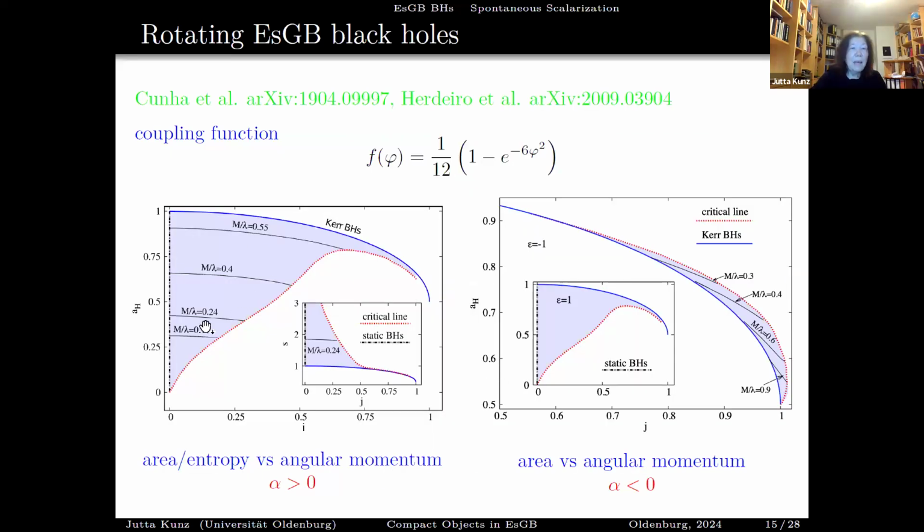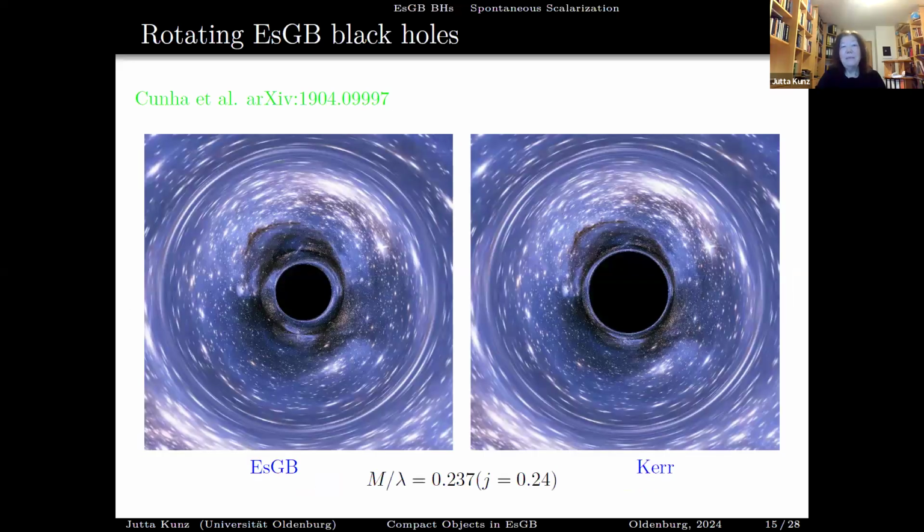In this case, you have really a huge change in the radius of the black hole for a given scaled angular momentum. So it should be possible to see something for the shadow, unlike this previous case we discussed. And indeed, here you would be able to see a big difference for the same angular momentum, same mass for a black hole.